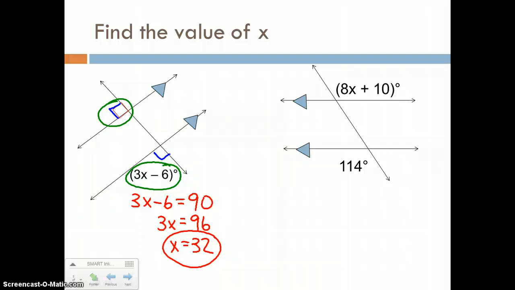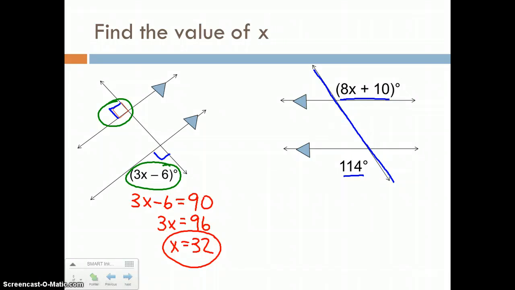All right, let's look at the second one on this slide. We've got 8x plus 10 in the top right corner. We've got the 114 in the bottom left corner. They are both exterior angles because they're outside of the parallel lines. They're alternate because they're on either side of this transversal. One's to the left, one's to the right. So that means they're alternate exterior angles. And what we know about alternate exterior angles is that they are congruent.